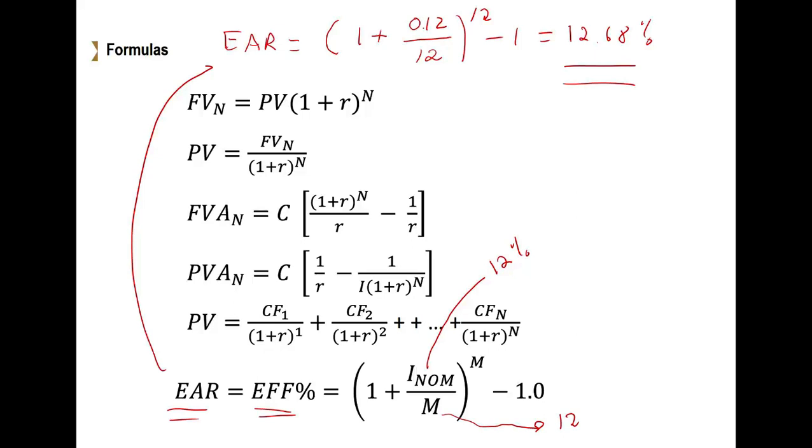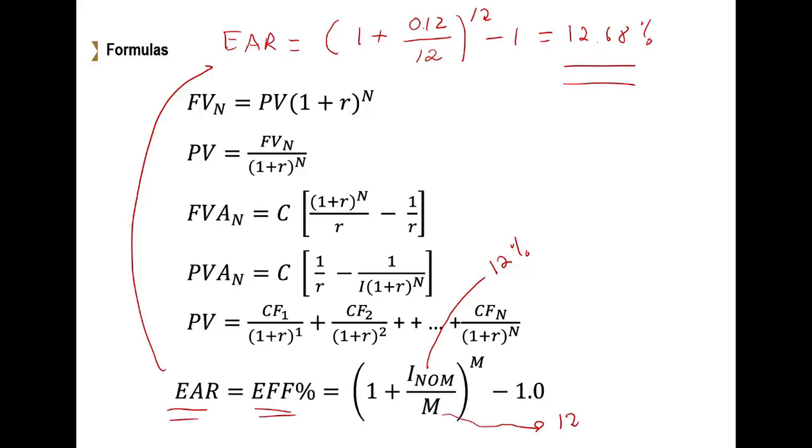The more frequently your bank compounds the interest, the higher your overall return. So the equivalent annual rate is just the equivalent annual interest compounded once a year that has the same effect as the conditions that the bank may offer you.